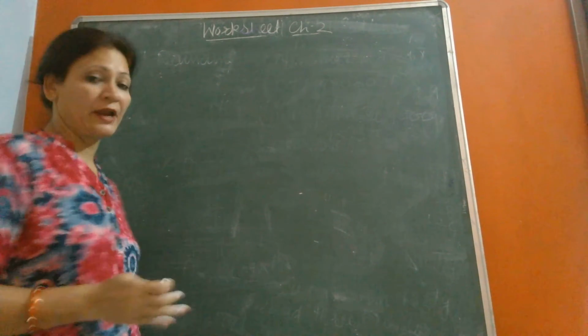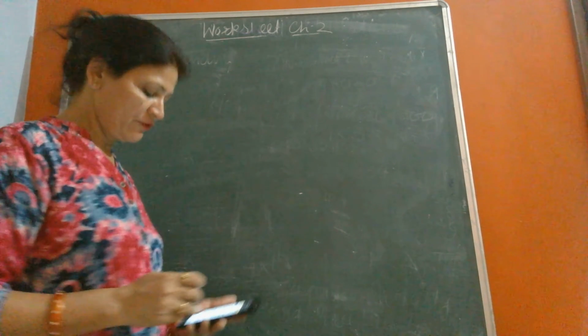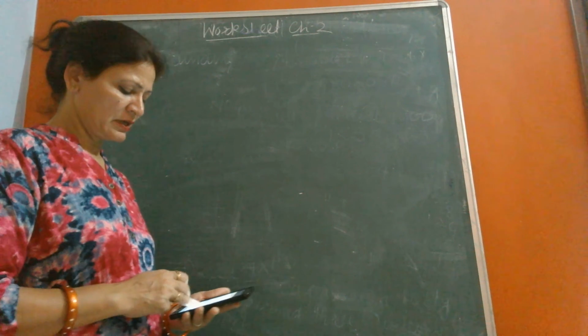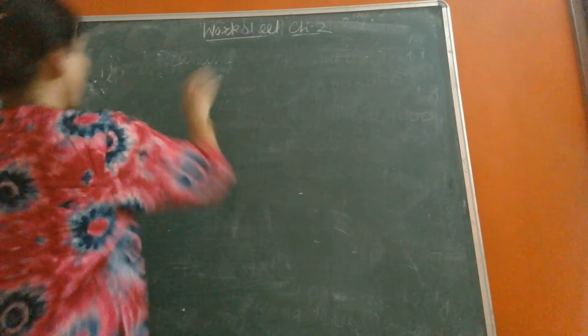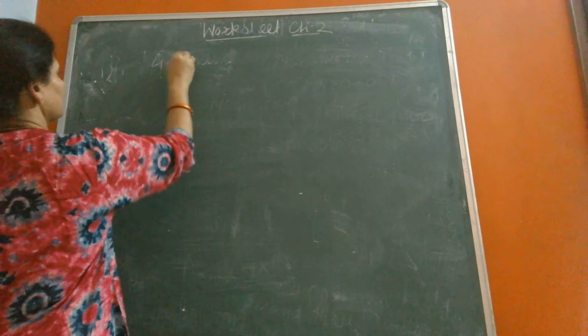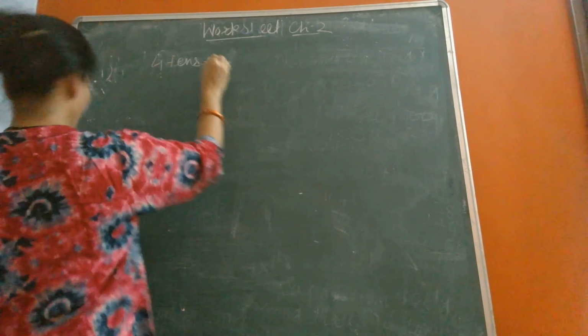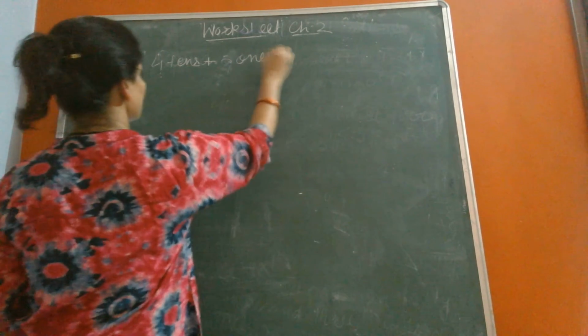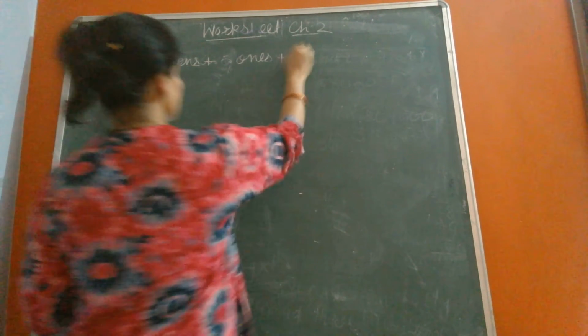Let's start from question 1. If we add 4 tens, 5 ones and 600, then the result is 4 tens plus 5 ones plus 600.